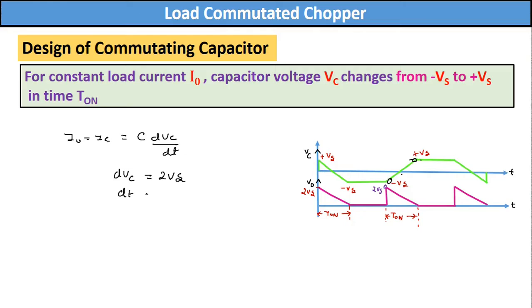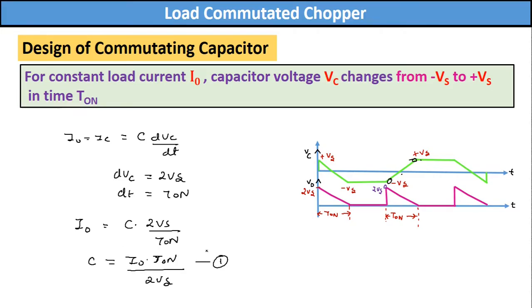Therefore, the change of time will be equal to T on. So when we put these values here, we get I naught is equal to C into 2Vs divided by T on. Now from this equation, we can find the capacitance value. C is equal to I naught into T on divided by 2Vs. Let this be equation number 1.